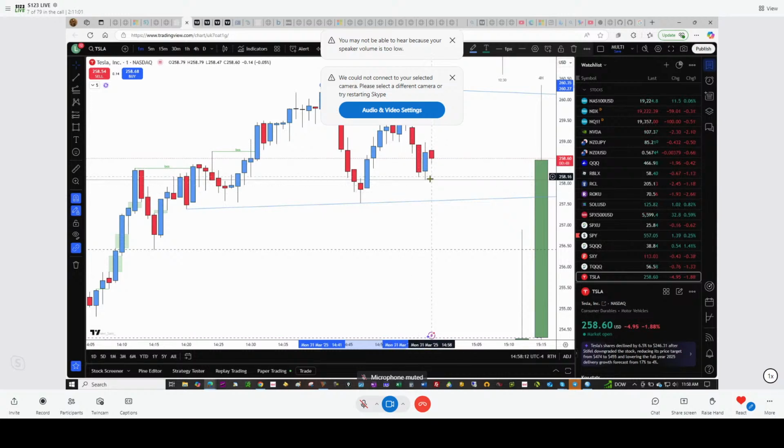We'd be looking for a breach of this low here. Now we do have one right here, unless this candle closes below. We could have a more pronounced, steeper trend line this way.